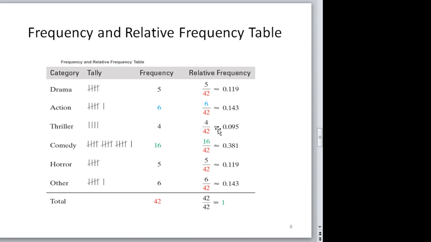Now, if you add all the relative frequencies, you're supposed to get 1. But that wiggly line in each of these is not exactly an equal sign. This is an approximation sign. That calculation doesn't really end at 0.119.